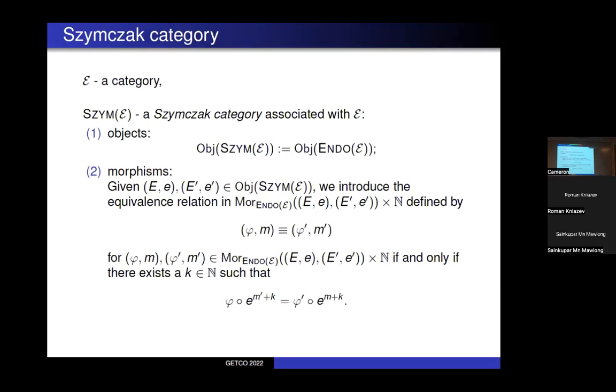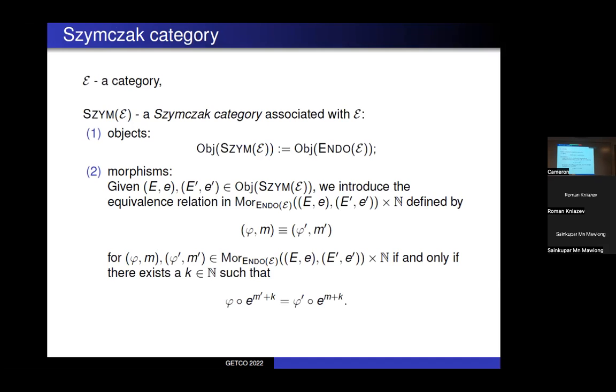Next, the Szymczak category has exactly the same objects as the category of endomorphisms, pairs of an object together with an endomorphism. And the construction on morphisms is more complicated here. We start with a cross product of morphisms from the endomorphism category between two objects with natural numbers, and we introduce a relation between those pairs.